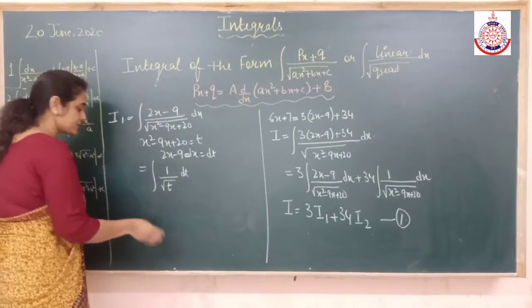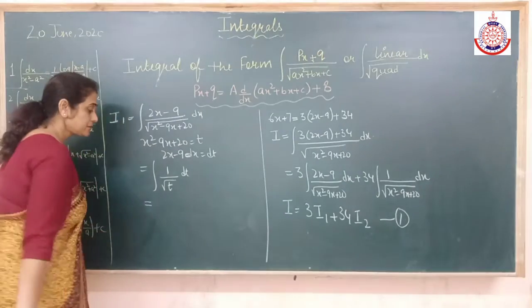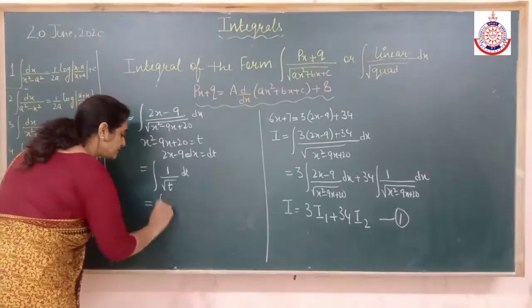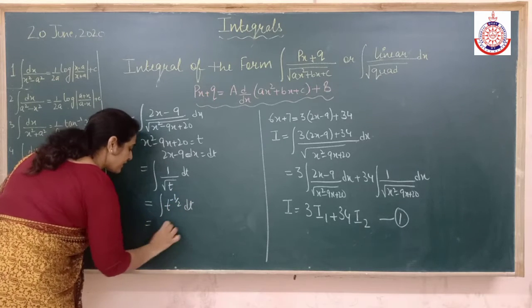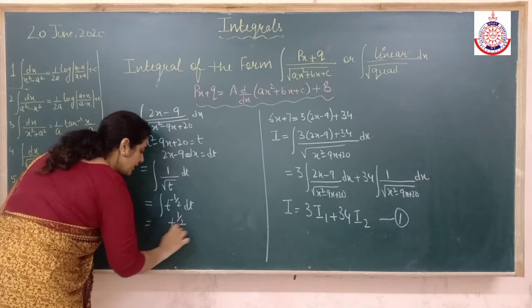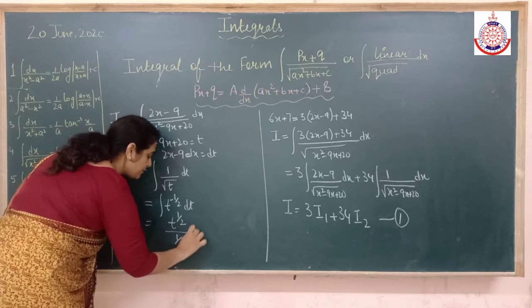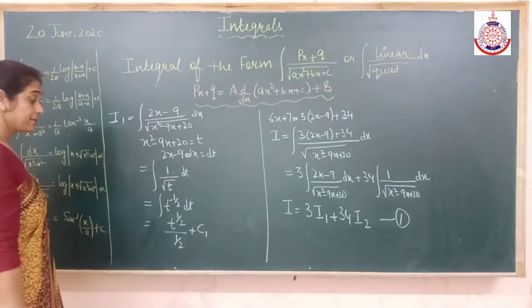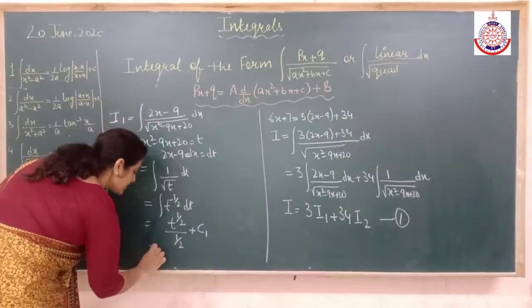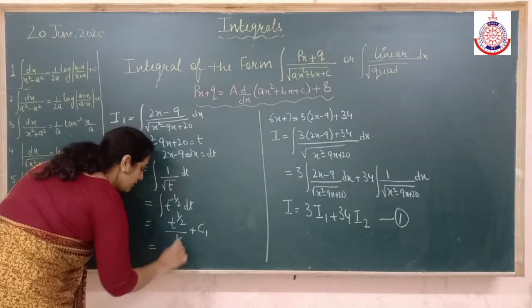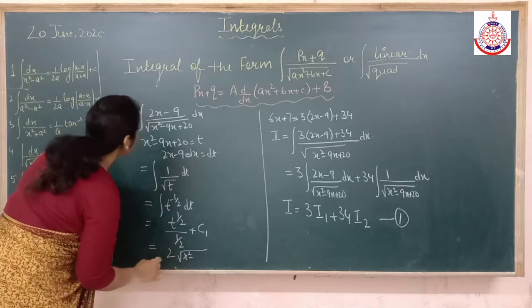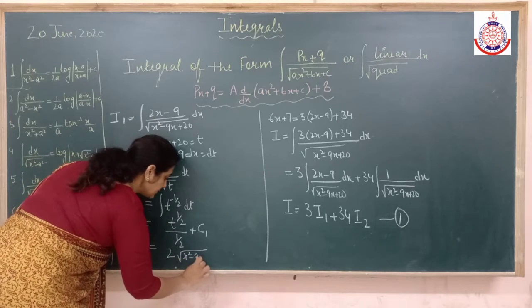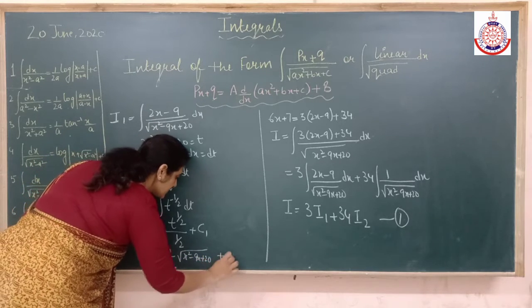How to integrate this? This we integrate, taking up, increase the power by 1 divided by increased power plus say c1 here. Alright, so what is the integration of I1 now? 2, put the value x square minus 9x plus 20 c1.